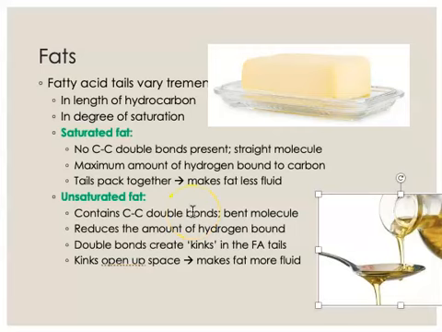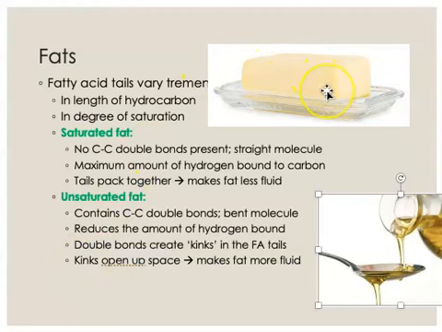Anytime you put a carbon-to-carbon double bond into a fatty acid, you're going to cause the fatty acid to bend or kink. That's going to make the fatty acid tails hang not straight, but bent and kinked. And that's going to open up physical space in that region of the molecule.